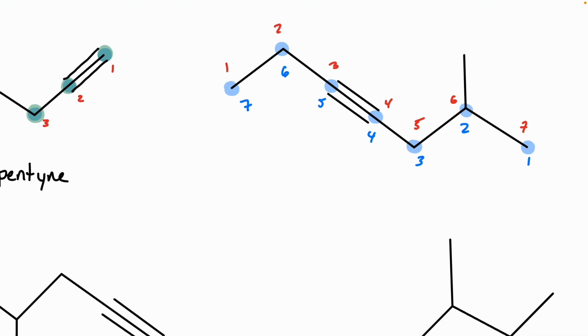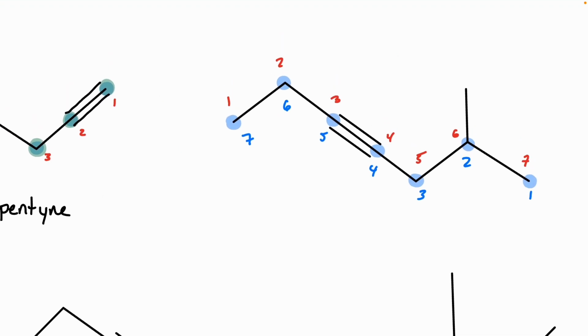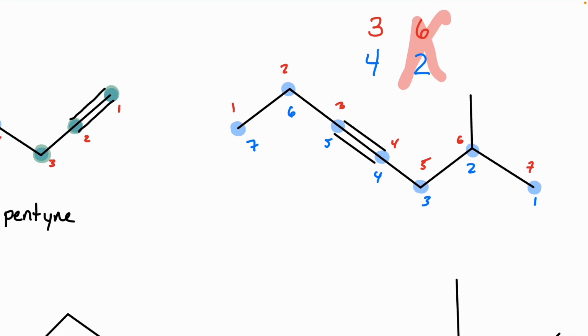All right, in my red numbering scheme, my triple bond is at carbon 3, and my methyl group is at carbon 6. And in my blue numbering scheme, my methyl group is on carbon 2, and my triple bond is at carbon 4. But again, we don't care about the methyl group. We're only going to pay attention to that functional group. And so I'm going to pick my red numbering scheme.